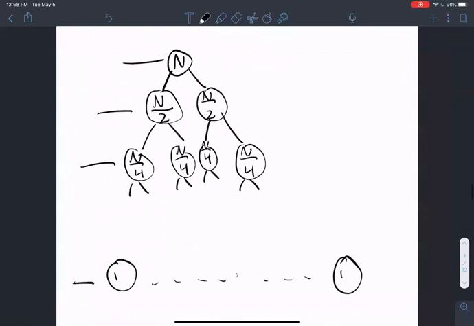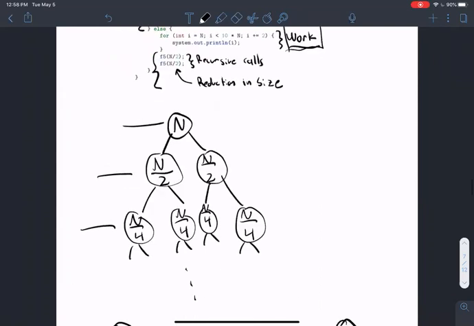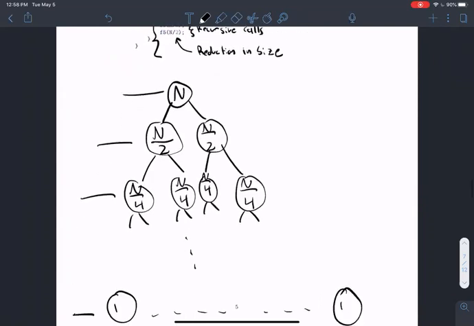If all the levels do the same amount of work, we can just take that quantity and multiply it by the number of levels. That's one way of doing it. Another way is if each node is constant work, so if this right here was something like just one print statement, then you could just count the number of nodes in the tree, and that would be equal to the total work if we summed it all together. Does that make sense why we can do those two things?